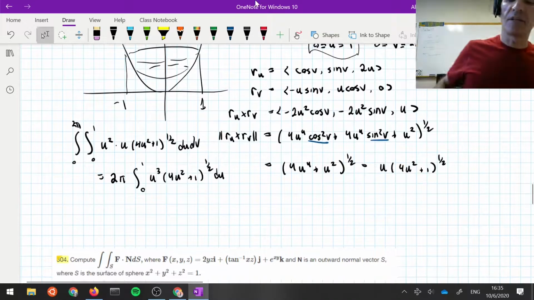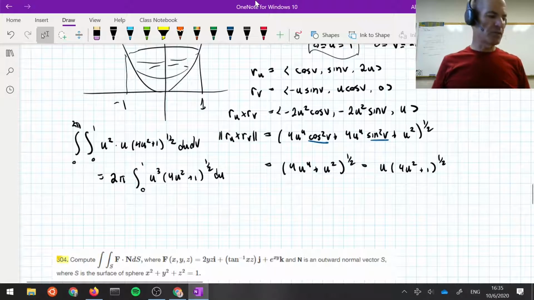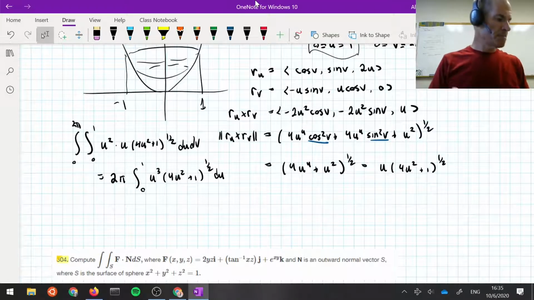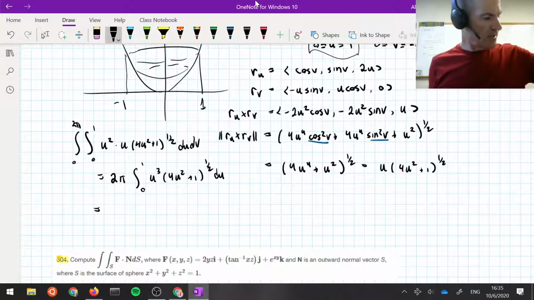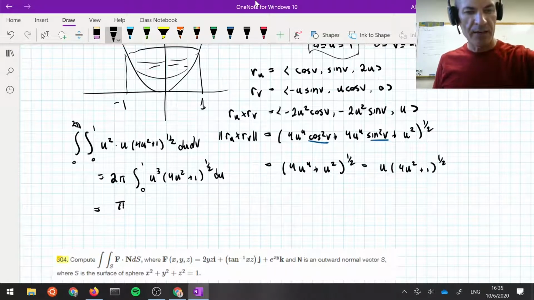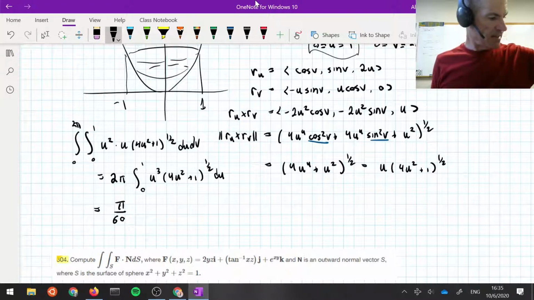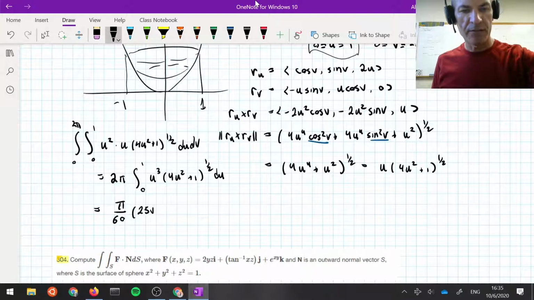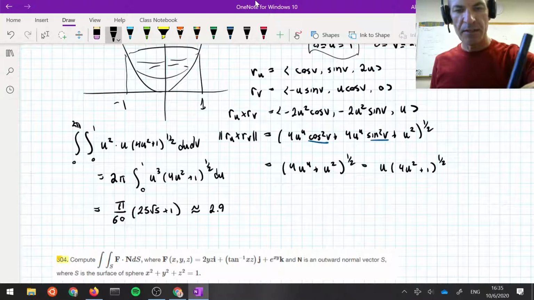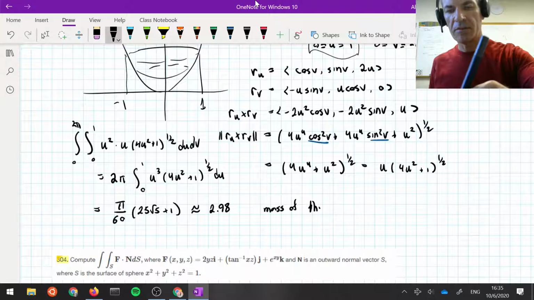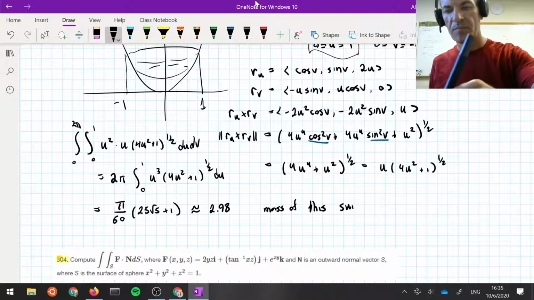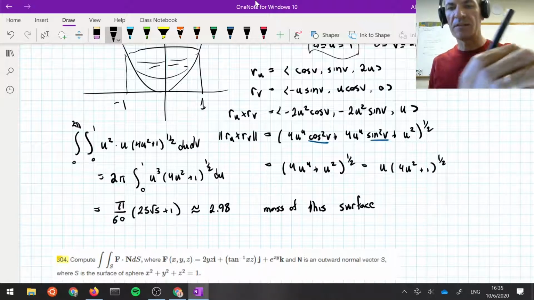This is a trig sub, and it's probably going to be a pretty challenging one, so I'm jumping over to Sage here, and I'm going to get, based on Sage, pi over 60 times (25 root 5 plus 1), which is approximately 2.98, and that's the mass of this surface with the given density.